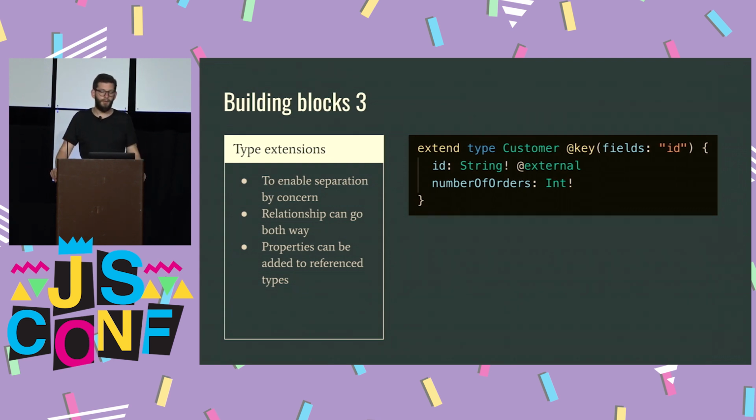And that's what we're doing here. We just add another prop to a reference type without this external keyword. So GraphQL knows straight away it's native to this schema. And that way you create the relationship between those different schemas. So actually super simple.